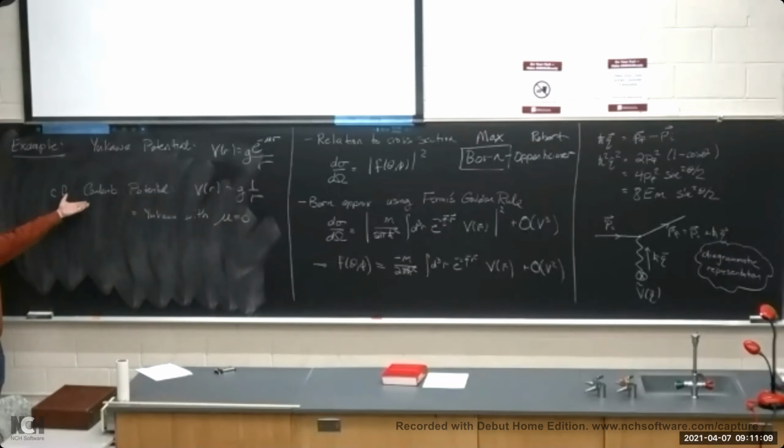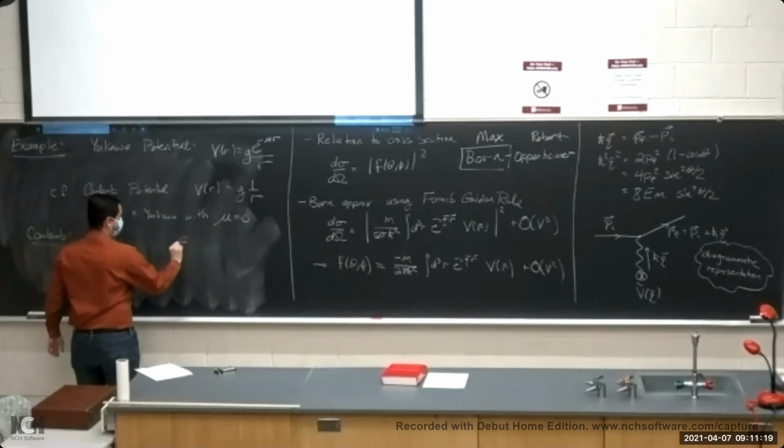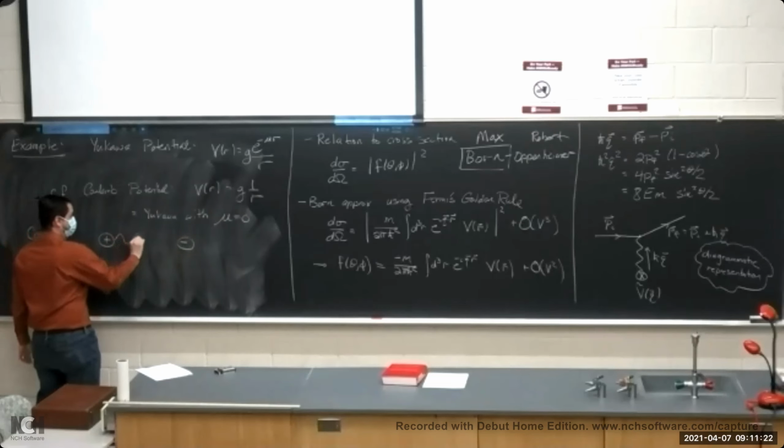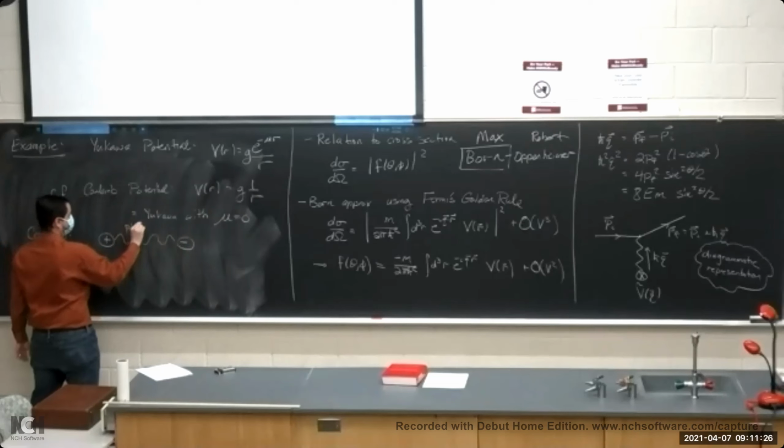So what is this thing? The Coulomb potential we know very well. This is the electromagnetic attraction between positive and negative charges. So the Coulomb potential describes the interaction between a positive and negative charge mediated by an electromagnetic wave. This is described by the photon.